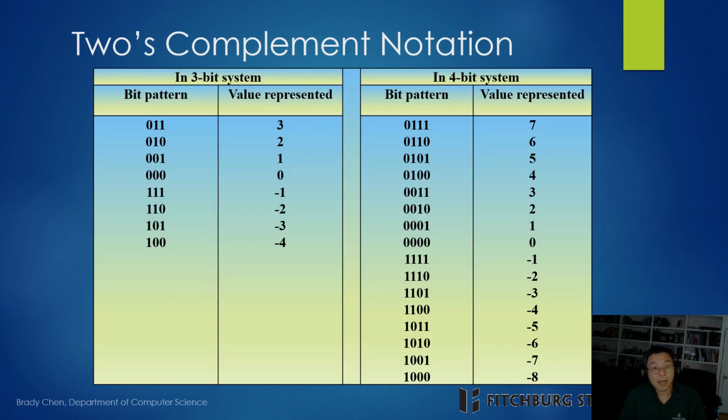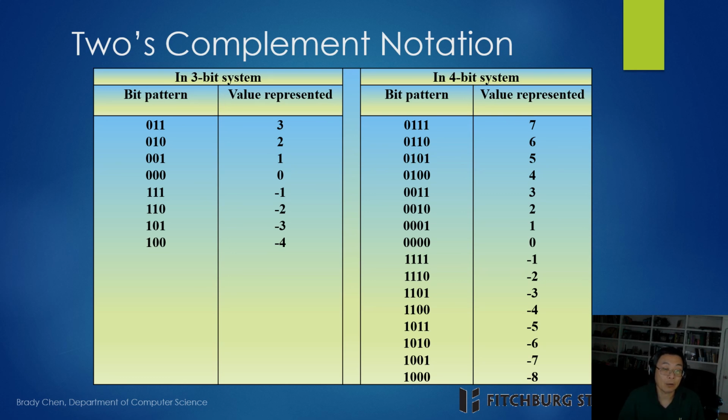Now in this slide, you will see two tables. The table on the left provides the mapping between two's complement notation and its corresponding decimal value in the 3-bit system. On the right side, it's the mapping between two's complement notation and its corresponding decimal value in the 4-bit system.